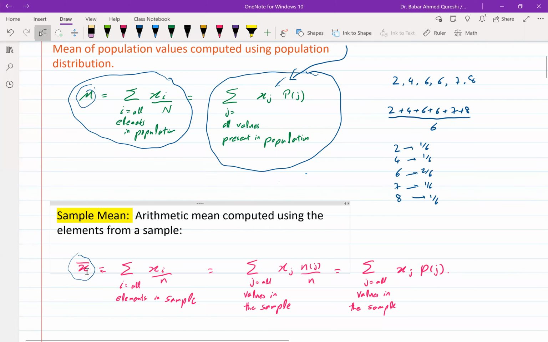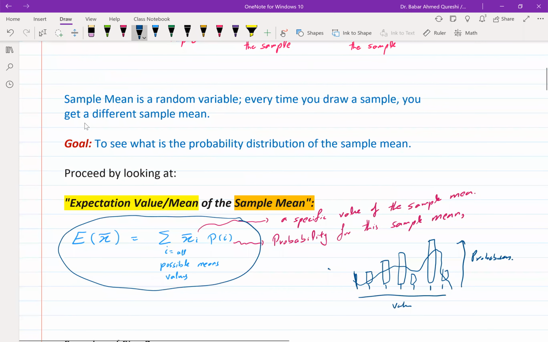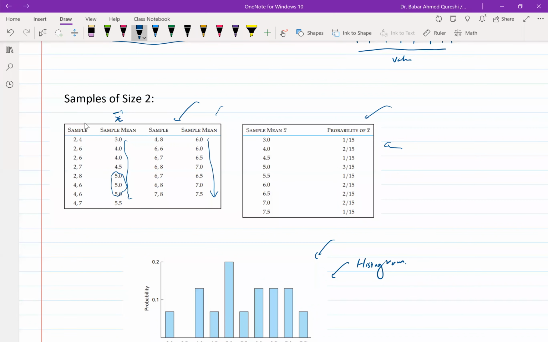So that sample, you took a random sample, you just added its values and you got a number. It won't be equal to this. So x bar is not equal to mu. Like over here, in this data, these are x bars and they're not equal to mu. Mu is 5.5. Only one of them is equal to mu.